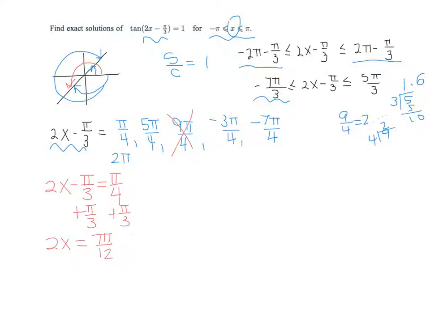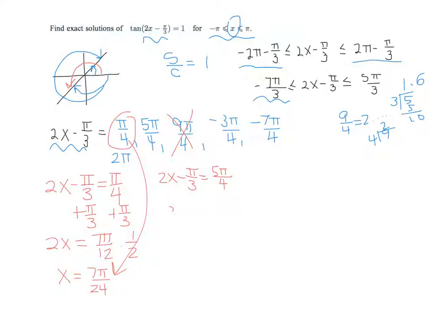And then dividing by 2 is the same thing as multiplying by half. So that becomes 7 pi over 24. So that is the one solution for the angle. You would do exactly the same process to solve for the rest of the angles. 2x minus pi over 3 is equal to 5 pi over 4.